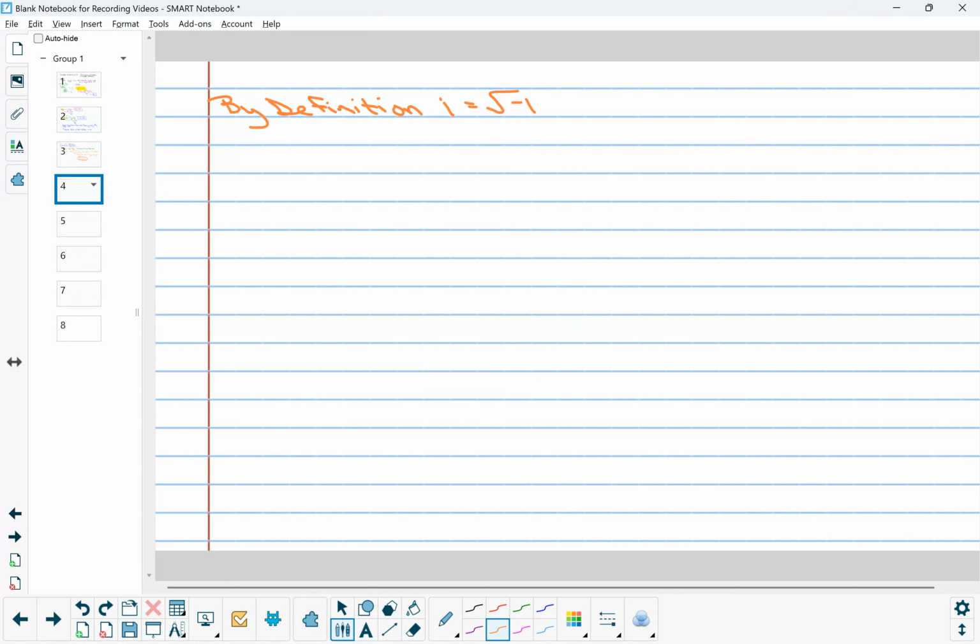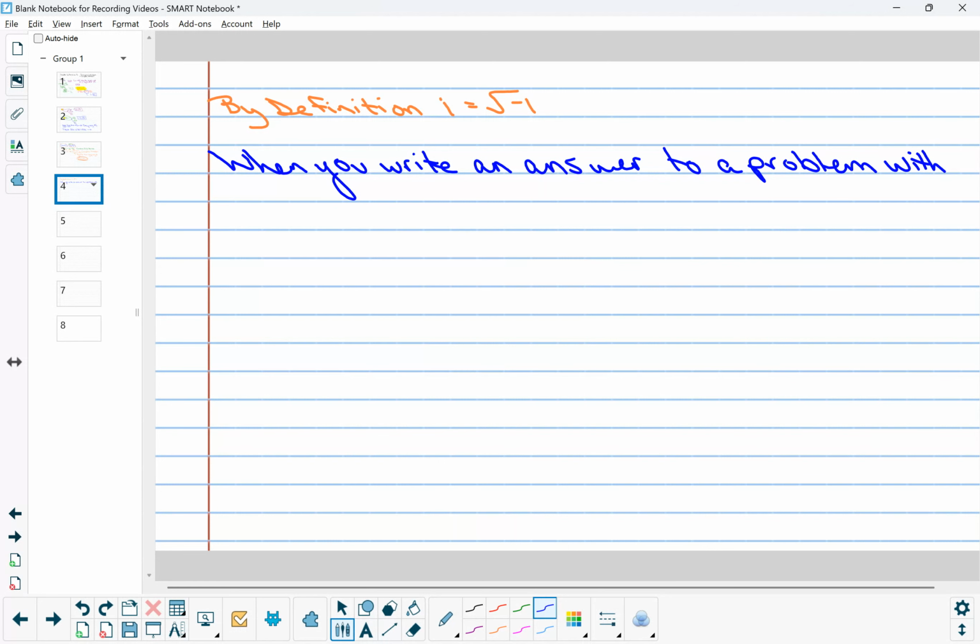So when you write an answer to a problem with imaginary or complex numbers, you cannot leave a power on the i.